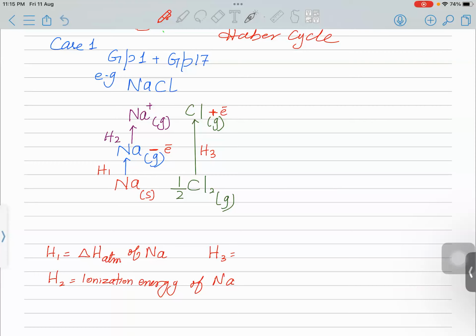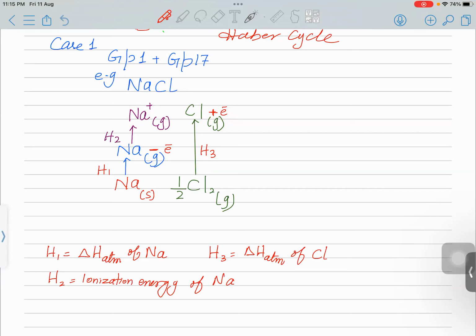When a chlorine molecule converts into a chlorine atom. Atomization of chlorine. Shabash, very good. This is atomization of chlorine.